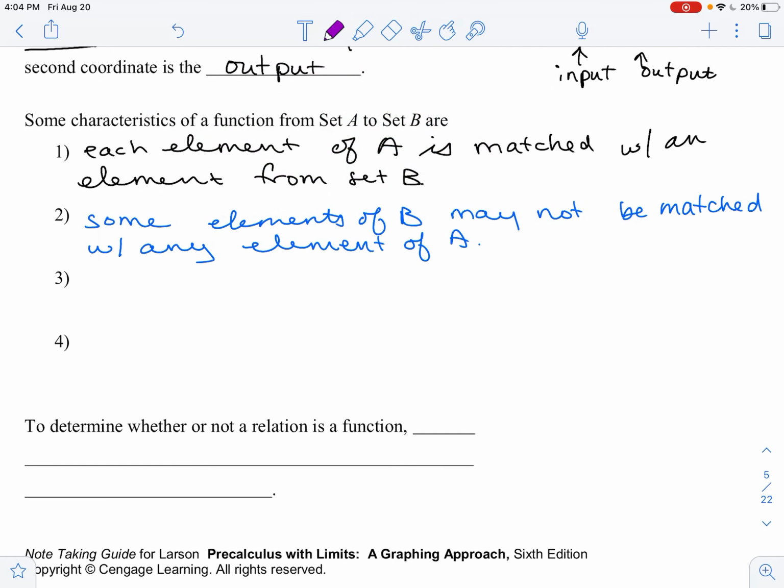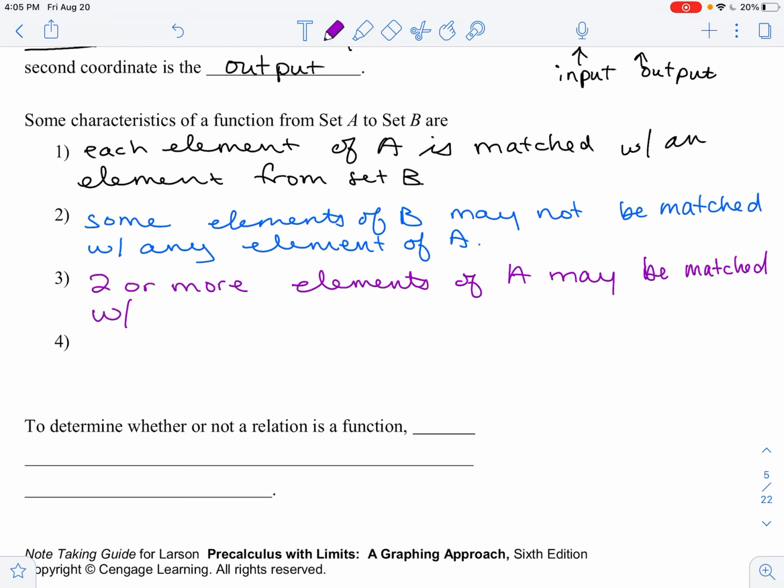Characteristic 3 is that two or more elements from set A may be matched with the same element of B. All that means is that your second element, or your y, can be repeated.